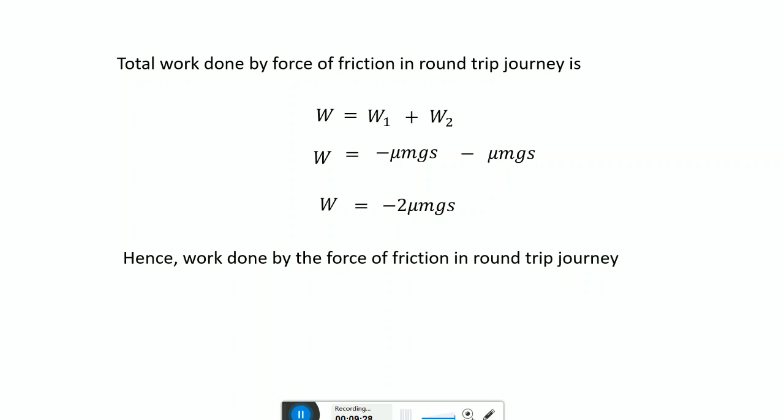Hence, the force of friction is a non-conservative force.